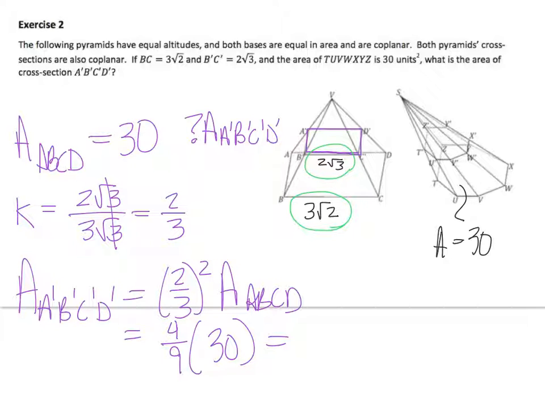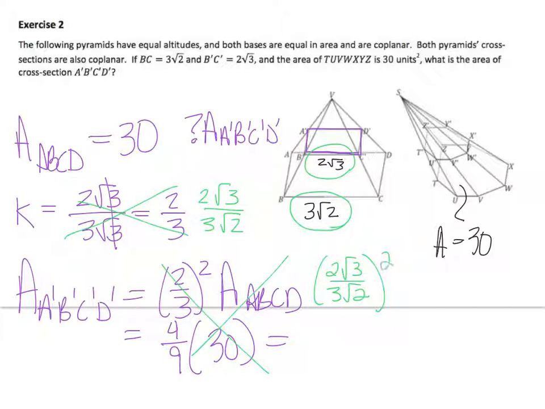So rather than hide my mistake, let's go ahead and fix it. 2 square roots of 3 over 3 square roots of 2. Two square roots of 3 over 3 square roots of 2, squared, times 30. Let's see, I'm going to square that and get a 4.